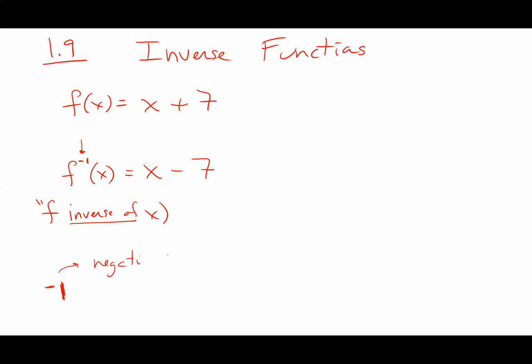That's a -1, right? If I see a number and then a -1 in the exponent, so the base is a number, what does this guy mean? Starts with an R. Reciprocal.